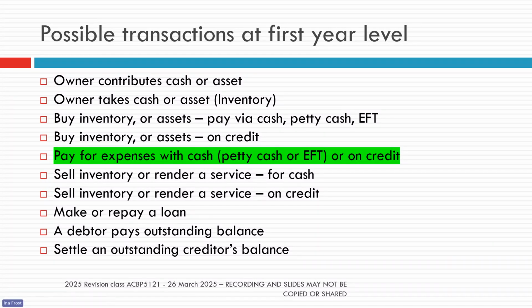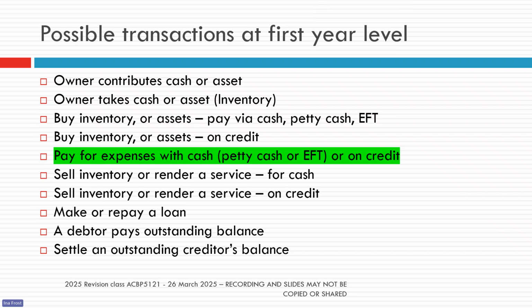Okay, so now we have looked at the owner contributing either cash or an asset. We've looked at the owner taking from the business. We have looked at buying assets either for cash or for credit. And now the next group of transactions that we're going to talk about is our expenses.